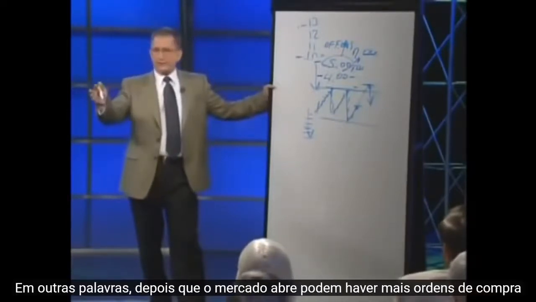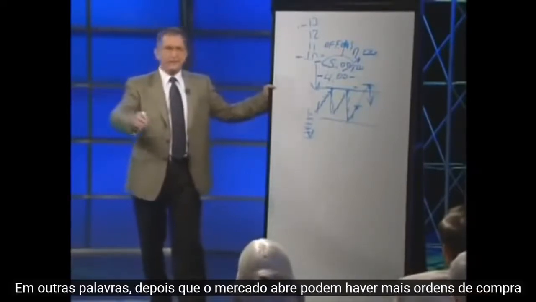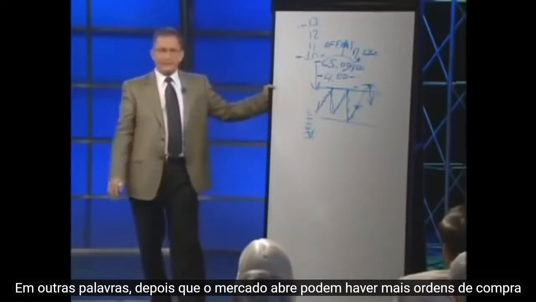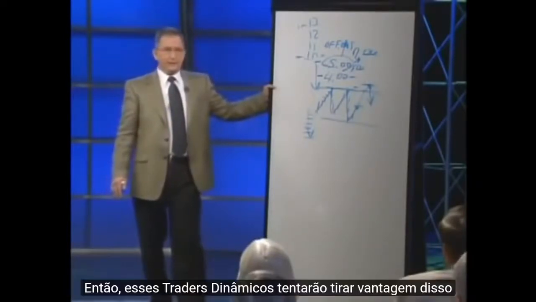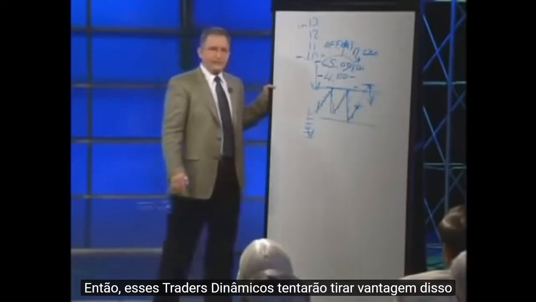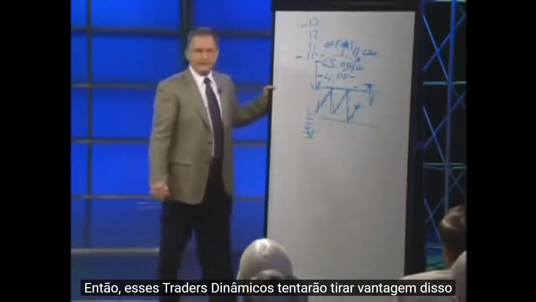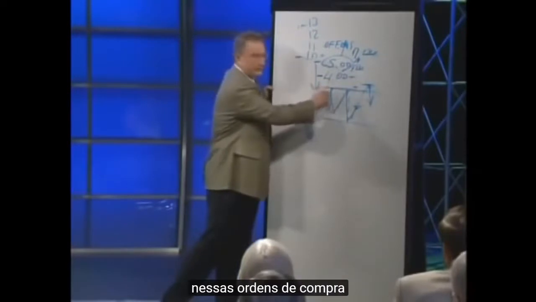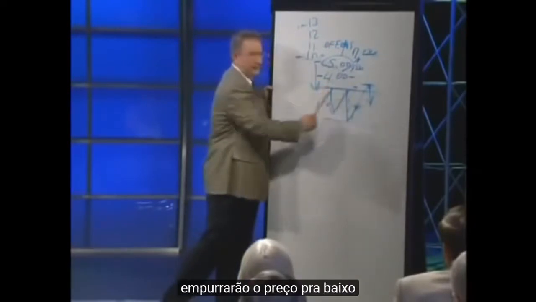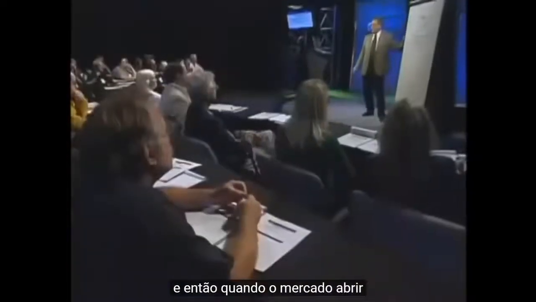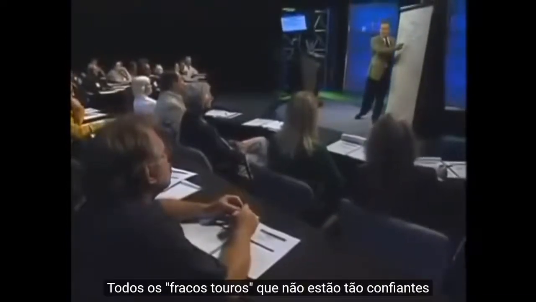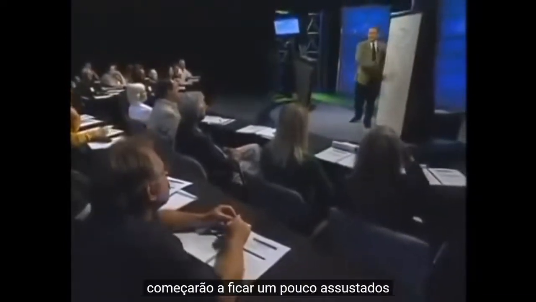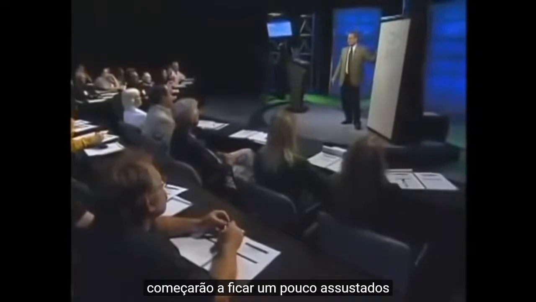After the market opens, there'll be more bids that come into the market, but before it opens, there might not be that many bids. So if there aren't, what these dynamic traders will do to take advantage of this is they'll hit those bids. In other words, they'll sell into those bids, drive the market down, and then when the market opens up, all of the weak longs, meaning people who aren't that confident, will start to get a little frightened.